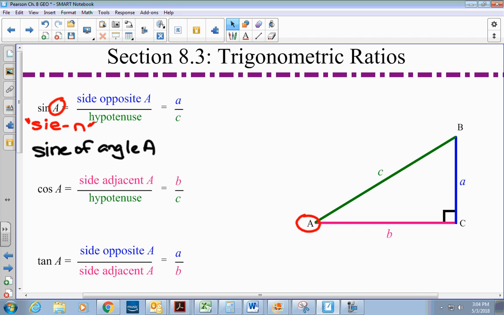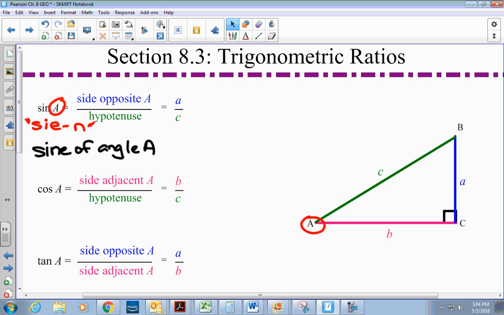It doesn't come in contact with A at all. So this side, this blue line, does not come into contact with angle A at all. It's as opposite from A as you can possibly get. So that's why it's called the opposite side. And it's the denominator, the bottom of our fraction.